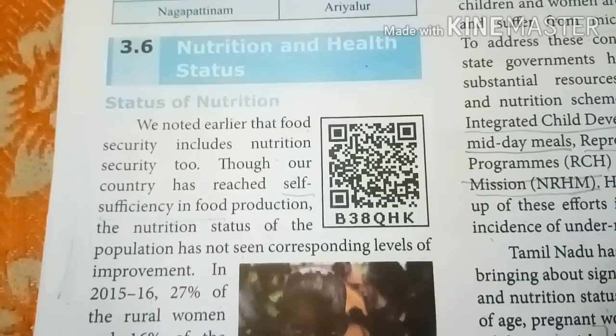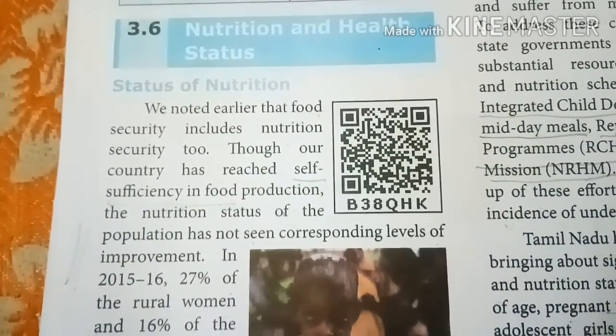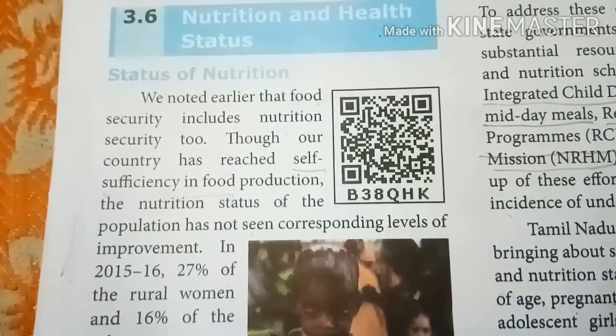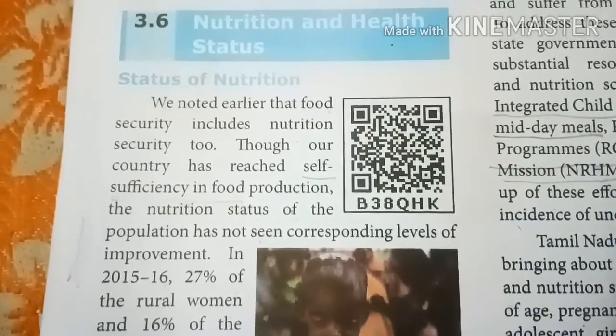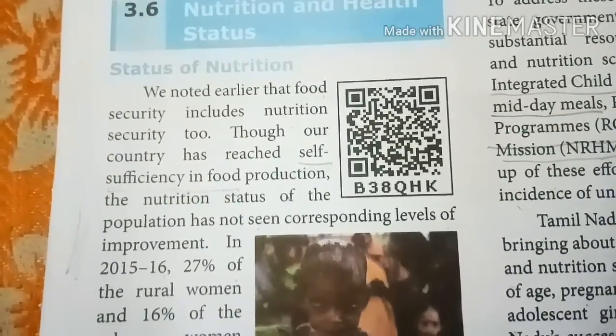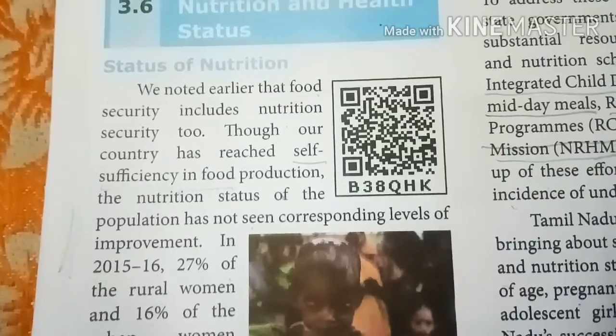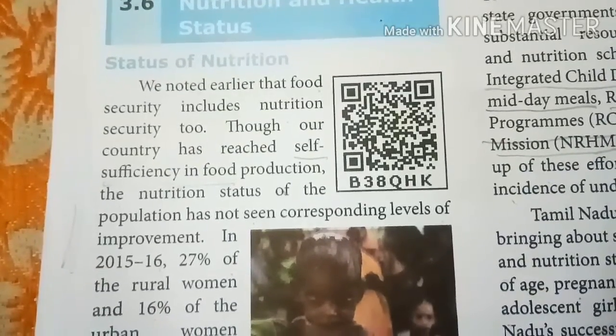Nutrition and health status. Status of nutrition. We noted earlier that food security includes nutrition security too. So though our country has reached self-sufficiency in food production, the nutrition status of the population has not seen corresponding levels of improvement.